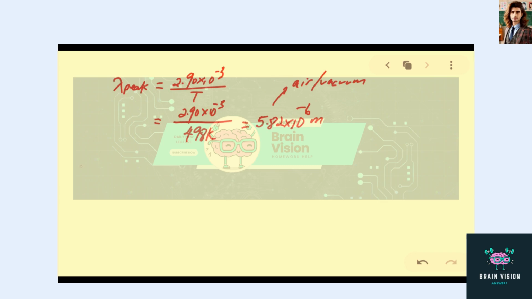So for the actual peak wavelength in water, we have to divide this by the refractive index n, which is 1.333 for water. This is about 4.37 micrometers.